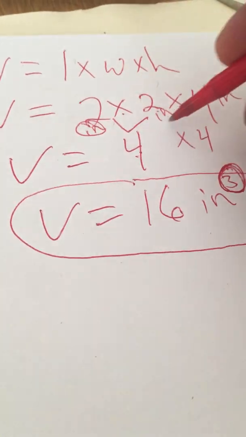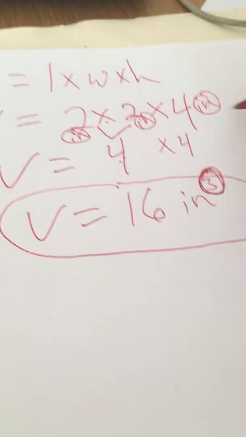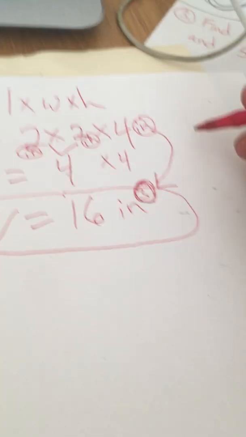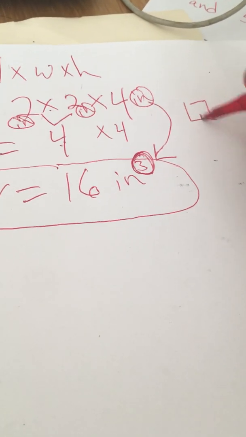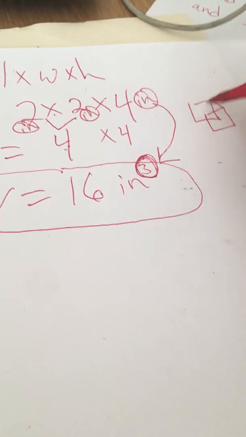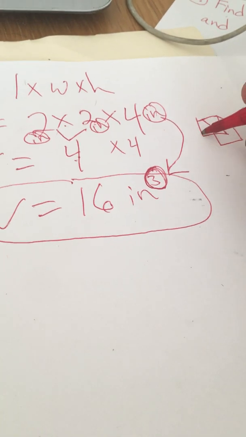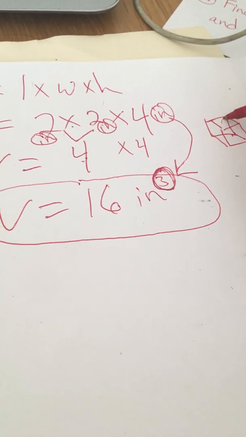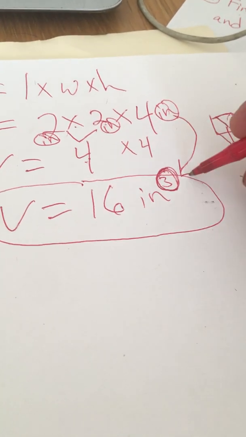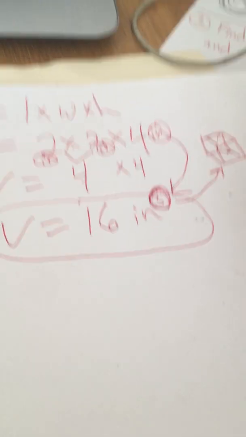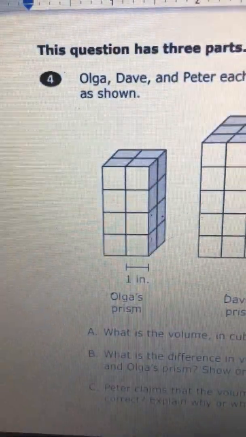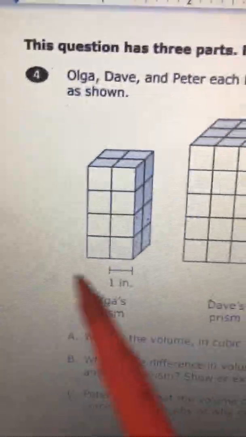So we multiplied inches times inches times inches, which is cubic inches. Literally a cube, where each dimension is 1 inch, right? So a cubic inch. Think about how many cubes there are, and if you count them all, there are 16, and that's the way we do it, right?